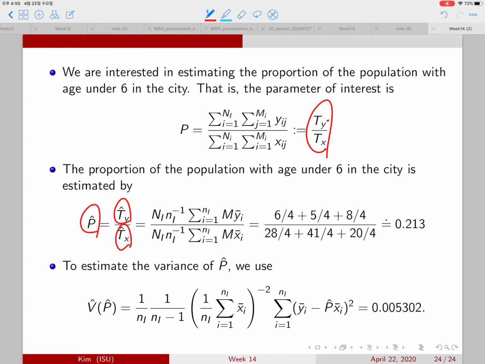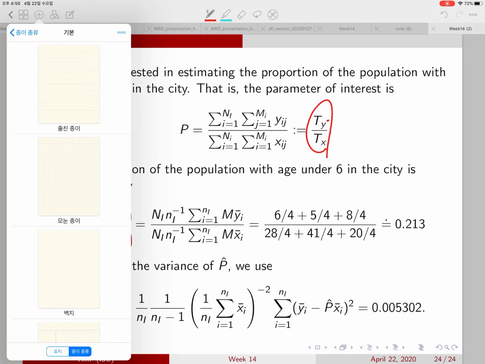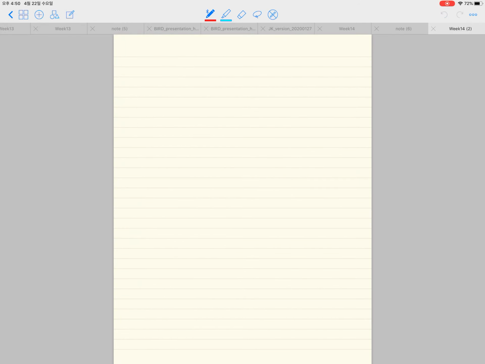And then for variance estimation, this is what we did before. We have something similar in homework already, but let me just repeat.